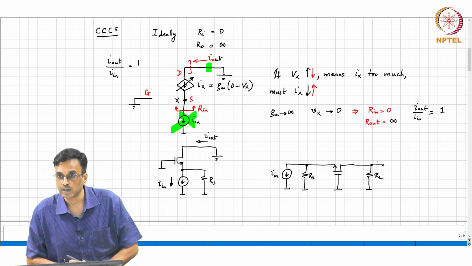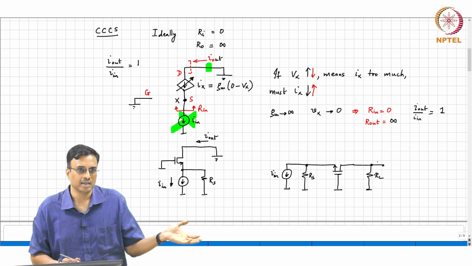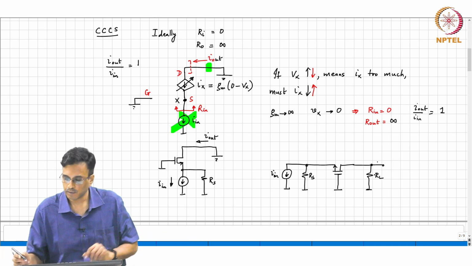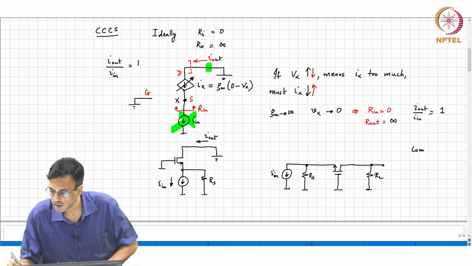I am sure this is familiar to all of you, correct. What is this? Here we see that the gate terminal of the transistor is common to both the input source and the load, and therefore, this is called the common gate.